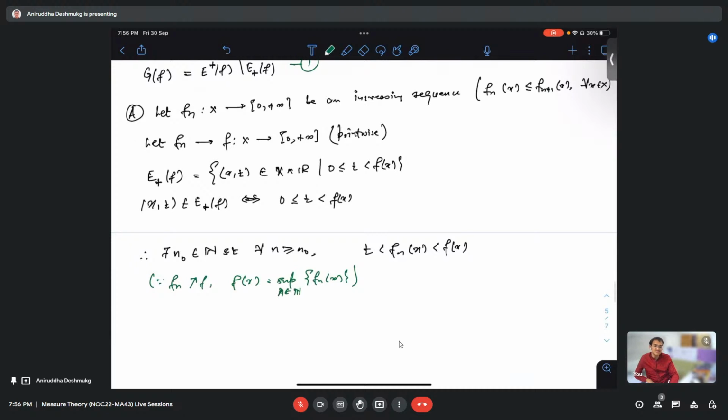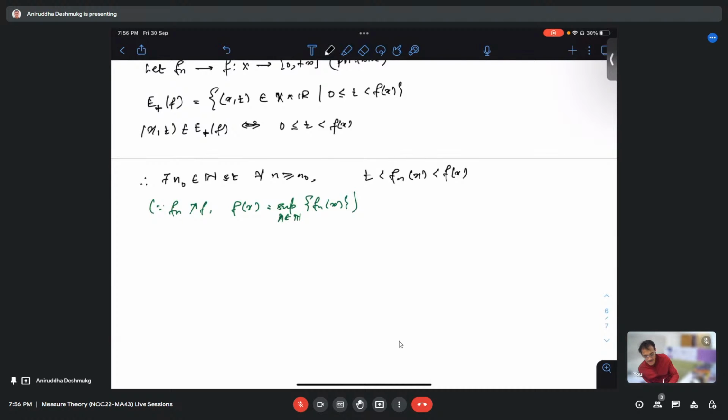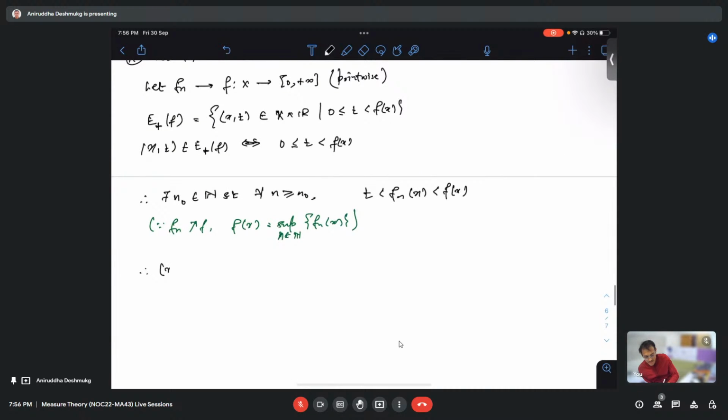So since t is strictly less than the supremum, it is not an upper bound. Therefore, we can find a number after which everything is bigger than t. So in particular, (x, t) is inside E lower star Fn for some n. Therefore, (x, t) is inside the union of E lower star Fn.